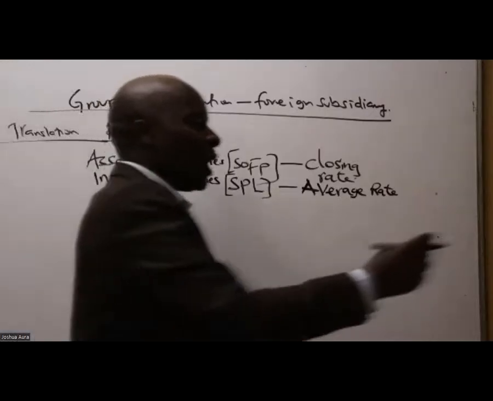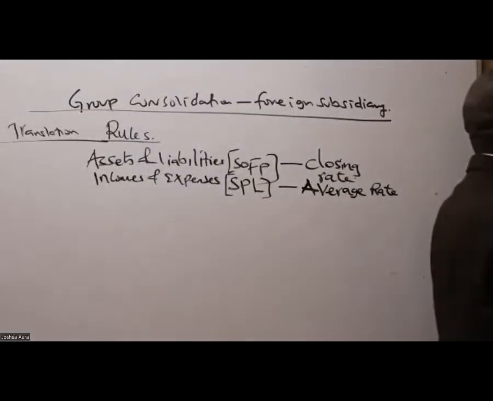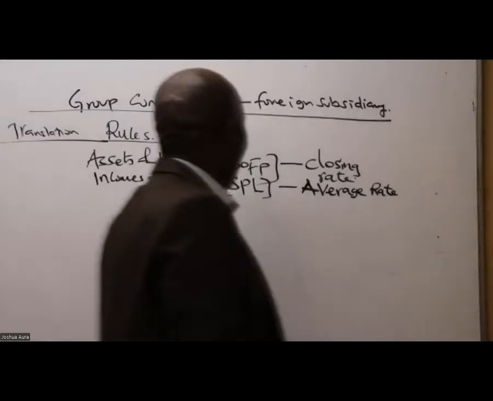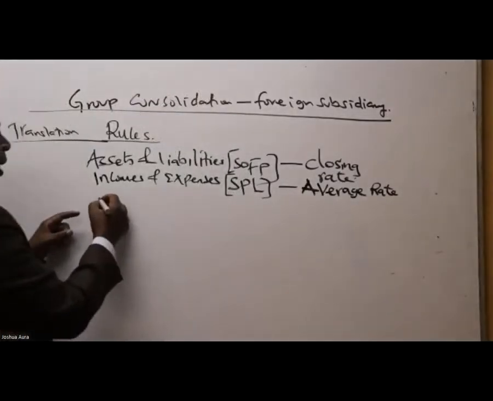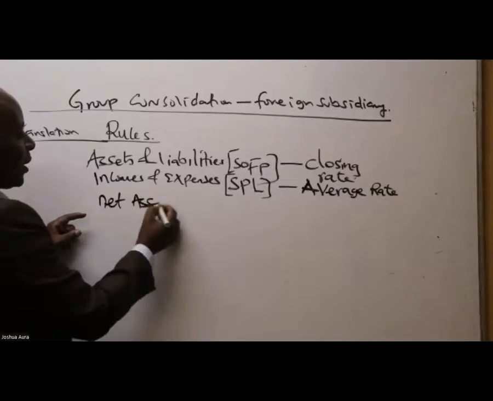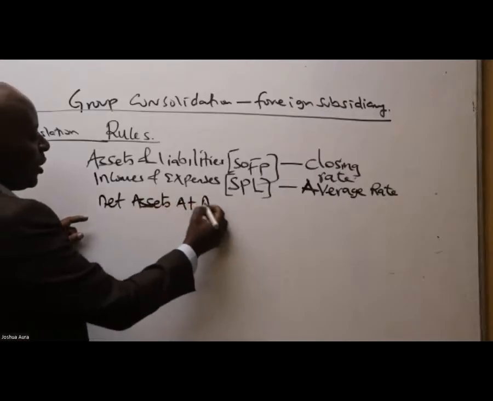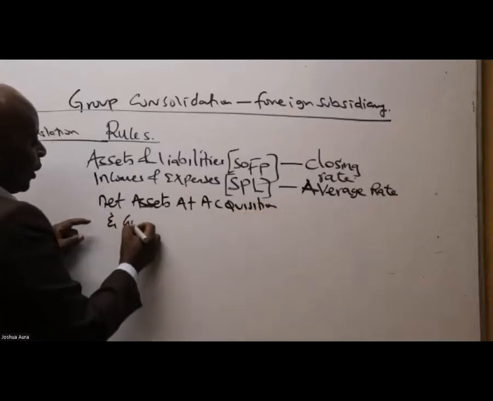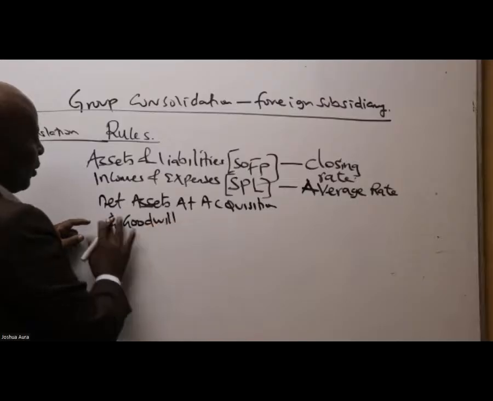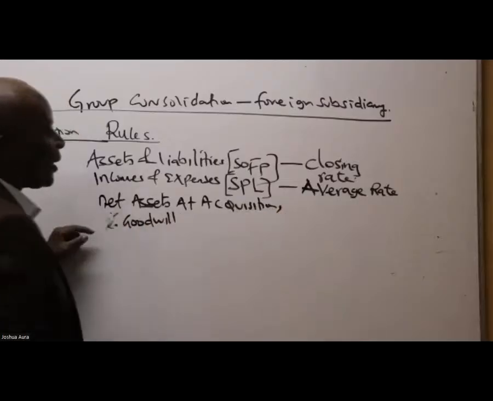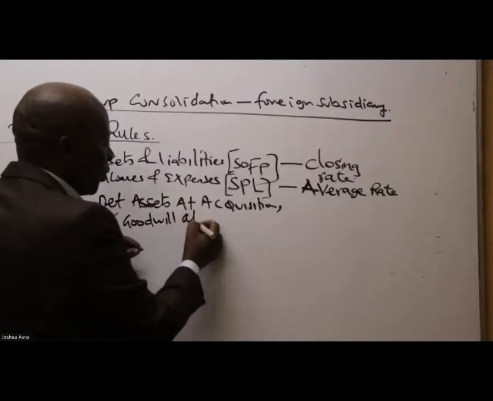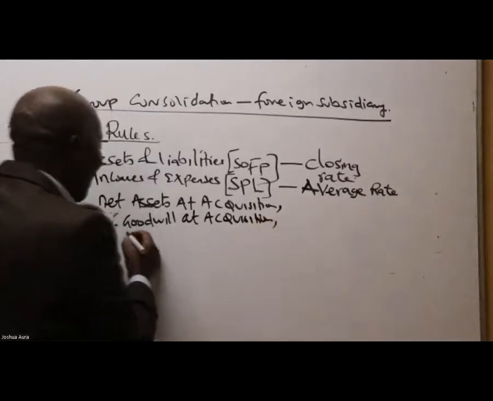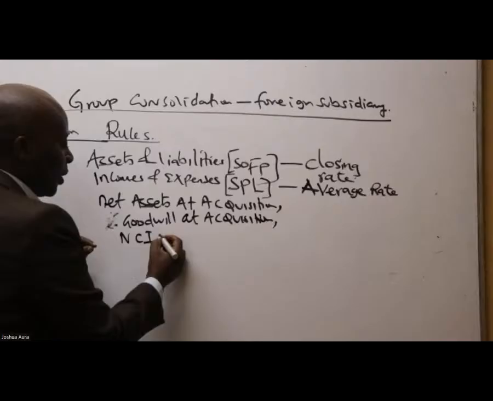And then, ladies and gentlemen, of course, we have acquisition. When you are acquiring, for example, a subsidiary, you'll be having net assets at acquisition, and for example, goodwill. Net assets at acquisition, goodwill at acquisition. I want to keep on insisting on this. Goodwill at acquisition. Talk of NCI at acquisition.